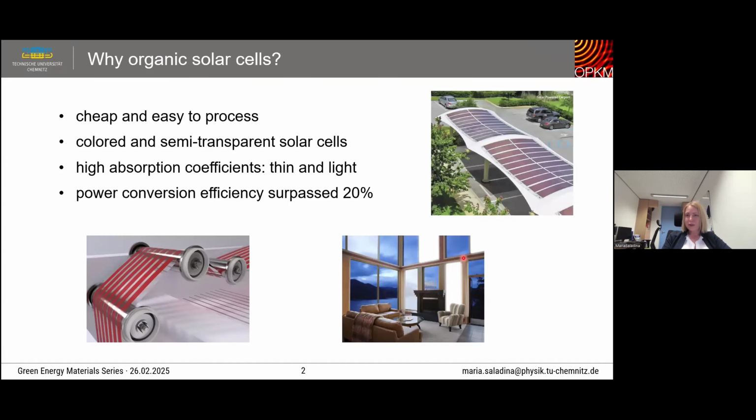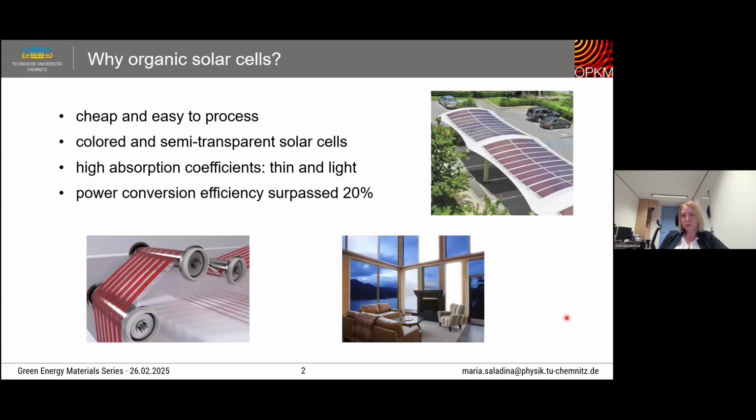First of all, I was asked to do a motivational slide for people studying perovskites here. So I want to convince you that organic solar cells are at least as cool as perovskites. You probably know that they are cheap and easy to process. We hope that they will complement silicon solar cells through building integration and also agrivoltaics.